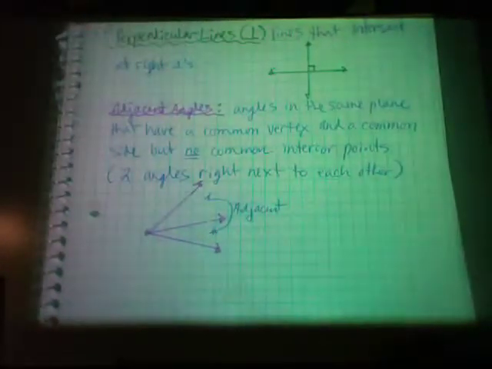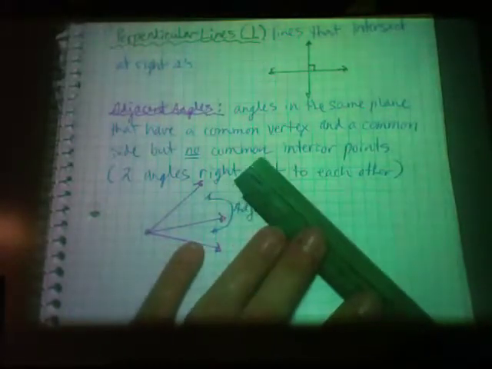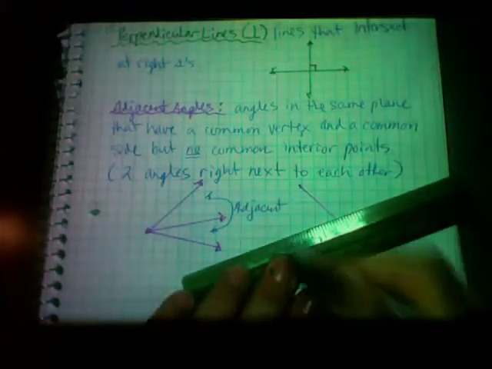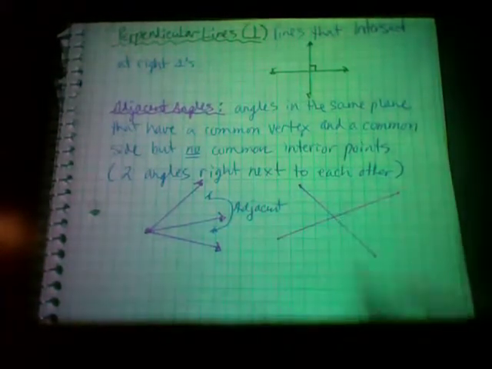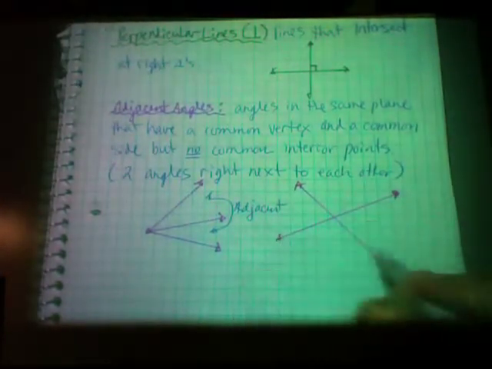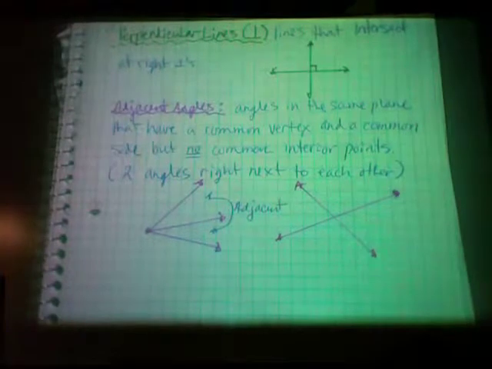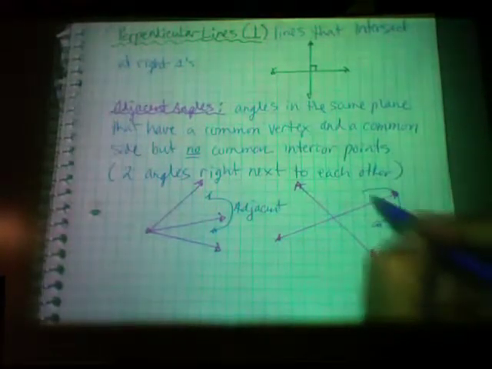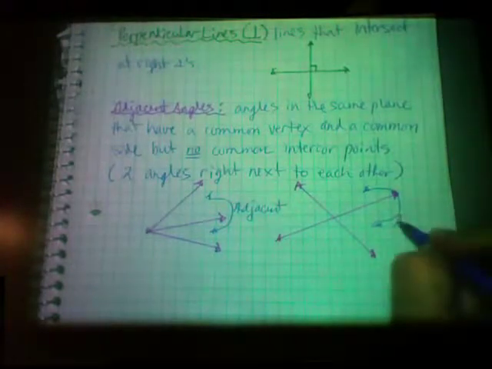Adjacent angles can also be created from two intersecting lines. So draw two lines that intersect. It doesn't matter how they intersect or how they're tilted. Any two angles that are next to each other, like these two angles right here, these are adjacent.